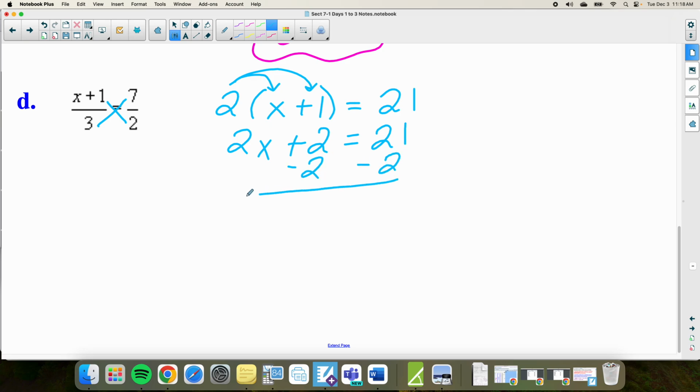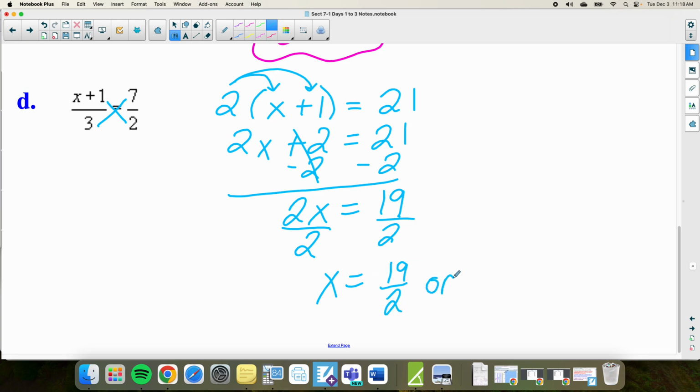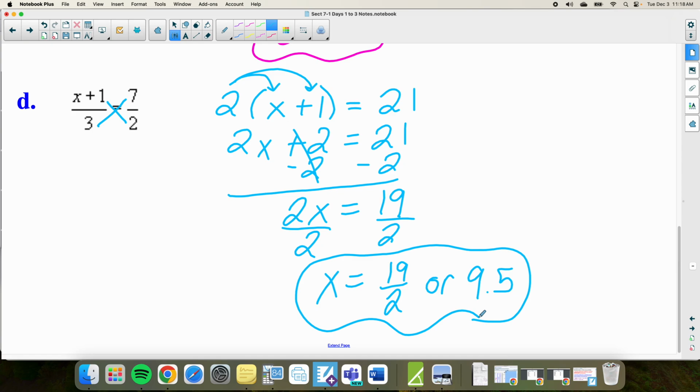Subtract 2, and I would get 2x equals 19. Divide by 2, and this is going to be one where we get a decimal, and that's okay. It was when you had to find a ratio that you leave it as a fraction. Here you could leave this as 19 over 2, or you could divide it out and get 9.5. So when you're solving for x, you can get a decimal.